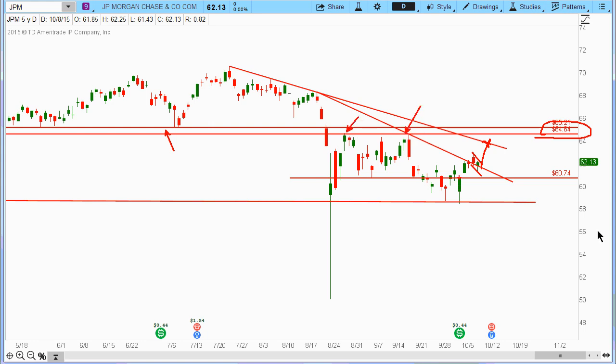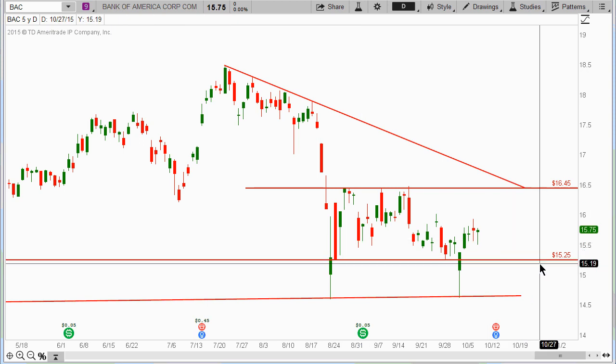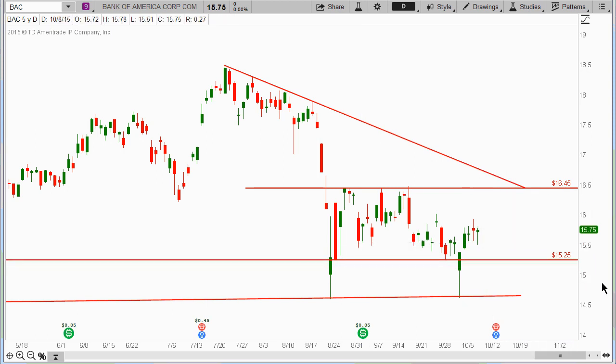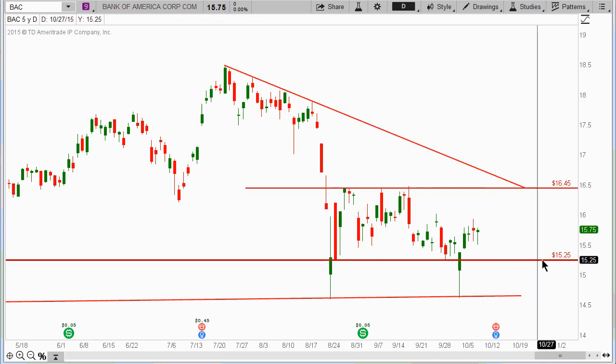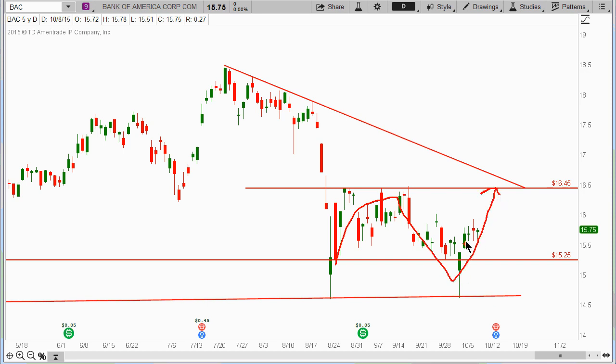Okay, and then the other one is Bank of America. Again, similar stuff. It sort of found a little bit of support on this bounce here, getting off of this pivot. So if we get this pivot up here to this 1645, that could be one of the possibilities for a quick bounce type of trade, and also get up to essentially this little bit of a double bottom type of pattern as well.